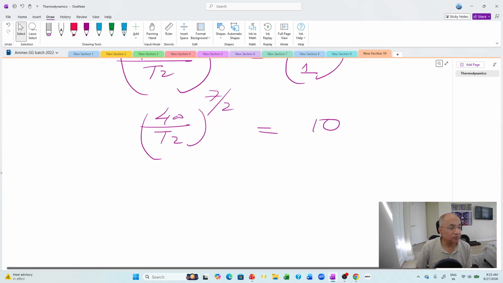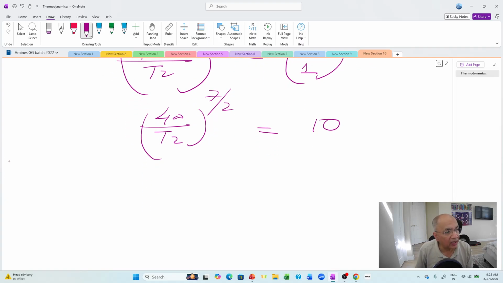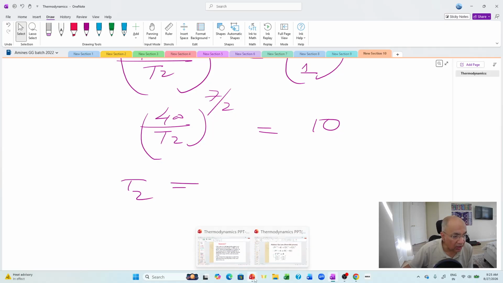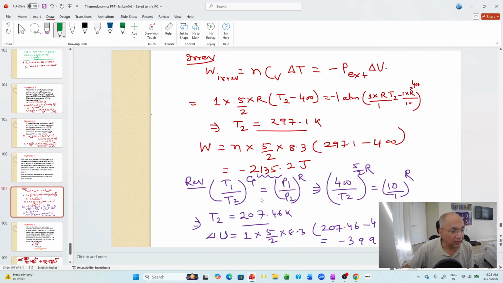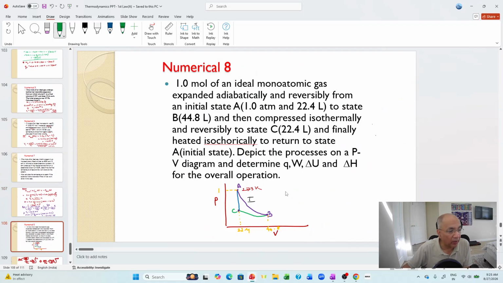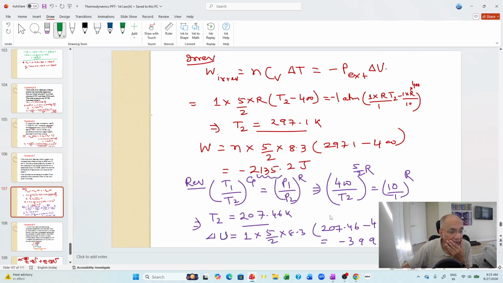And then you have to take the log and find T2. I have found it out. So instead of wasting time here in the live program, I will tell you that the T2 that I have found by using this is 207.46.